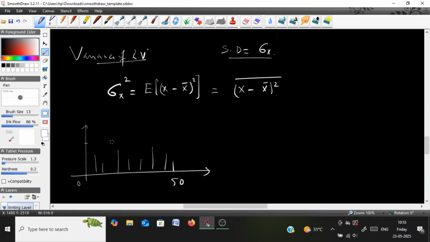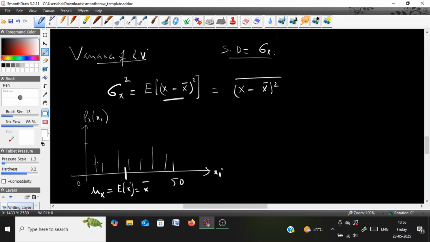Based on this PDF, p_x of x_i, you go to the mean value or the average value. Suppose this is the mean value, which is E of x or x bar, or sometimes we also call it mu of x.